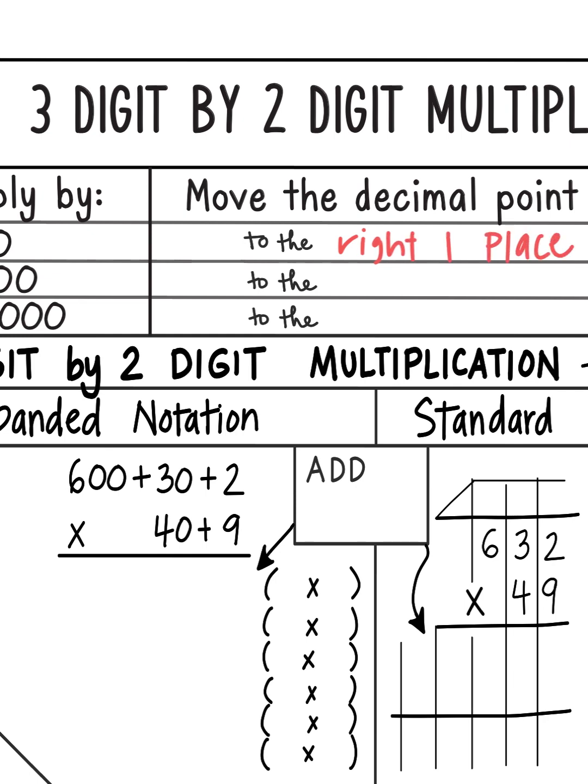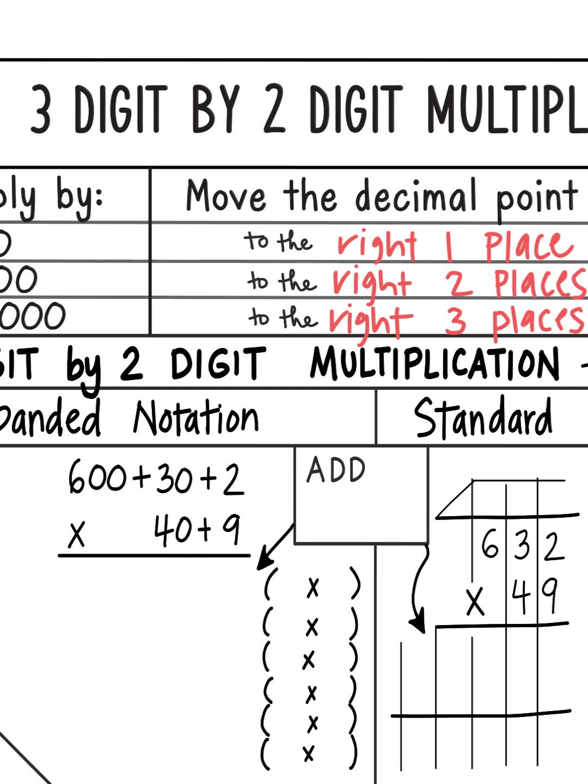If I multiply a number by 100, and again, these are decimals, okay? It should be just as simple as moving that decimal point to the right. So if I'm multiplying it by 100, I'm going to move it to the right 2 places. And if I multiply a number by 1,000, I'm going to move that decimal point to the right 3 places. And notice that the number of places that I move it matches the number of zeros in that number.